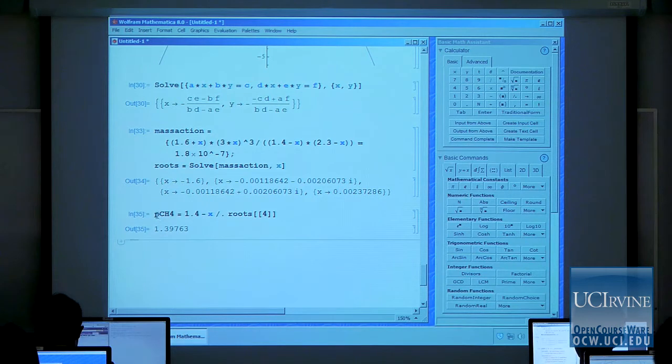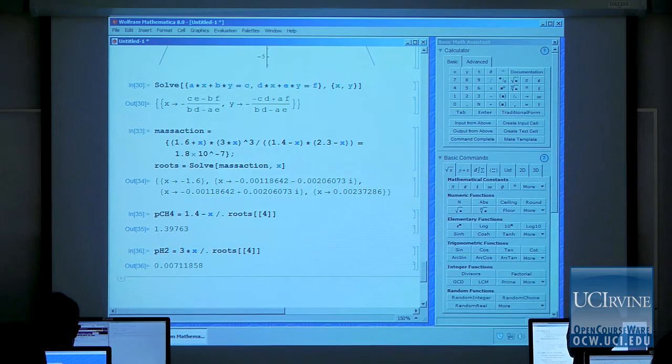All right, and then we won't do them all, but let's say, how about the pressure of H2? Well, let me just put this back here. Okay, pressure of H2 is going to be 3 times x. Okay, so we can do it like that.